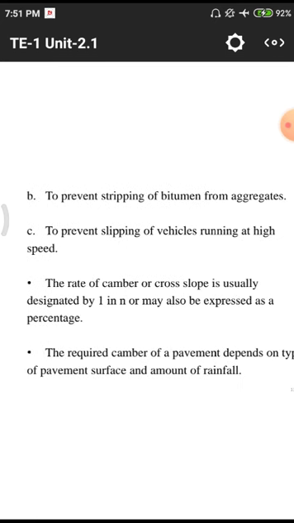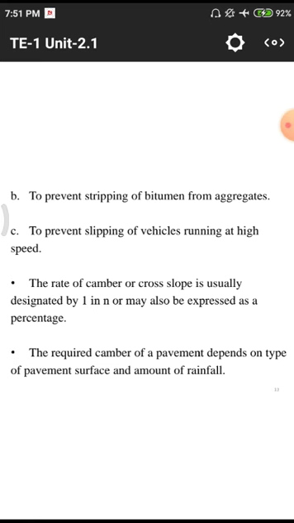And the second point is to prevent stripping of bitumen from aggregates. Bitumen is a waste material which comes from the petroleum industries, so if there is entrainment of water, it reacts with the water, and due to its brittle nature, it will segregate.